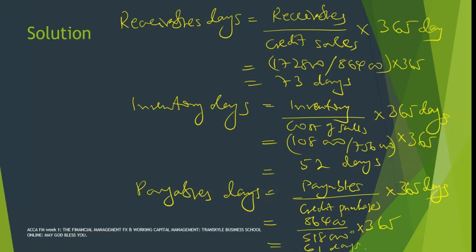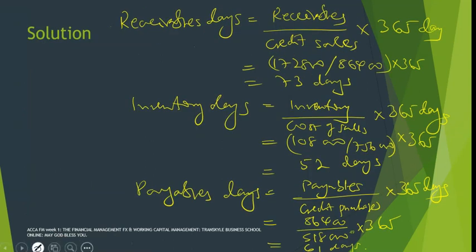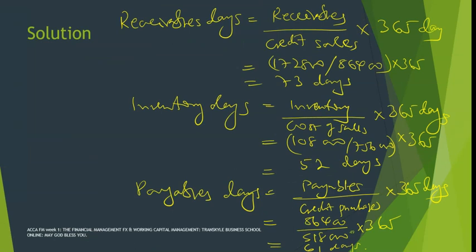So the net operating cycle, let me use this space. Net operating cycle is equal to this amount 73 plus this amount 52 minus this amount 61.